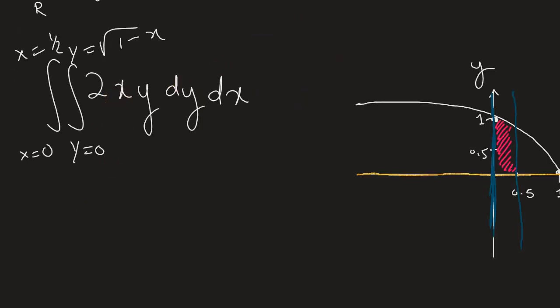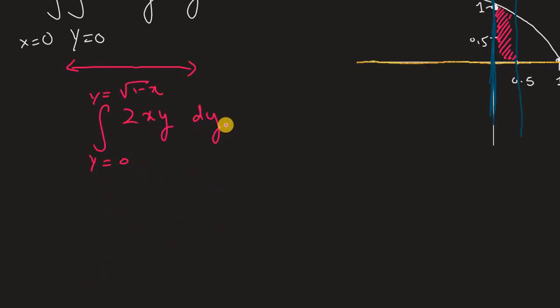Like I said before, we're dividing the question into two parts: first the dy part and then the dx part. So for the first part, we have 2xy dy, y equals 0 to y equals 1 minus x.